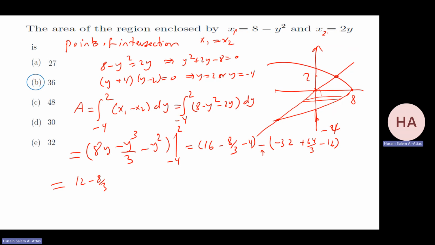Minus 48 times the minus, that will be plus 48. Minus 64 over 3. So I have 60 minus, what is 64 plus 8? That gives me 72, which is 60 minus 24, which is 36.